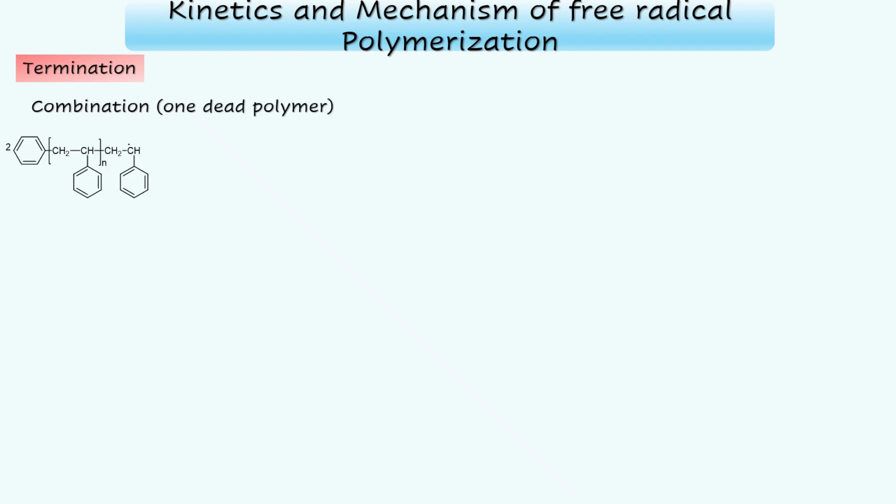In the termination step, the macro radicals produced during the propagation step must terminate to produce a dead chain. There are several modes of termination. The first one is by combination or coupling. In this process, two propagating macro radicals combine to produce one dead polymer chain.